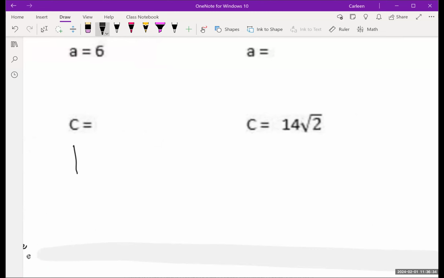So let's draw a little triangle. Isosceles right triangle. C is the hypotenuse. Because it's isosceles, if one side is 6, the other side is 6. Okay, let's solve for C. 6 squared plus 6 squared equals C squared.